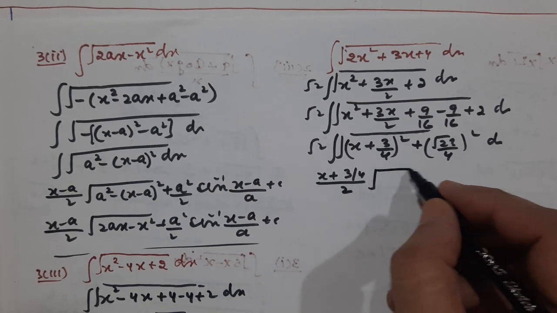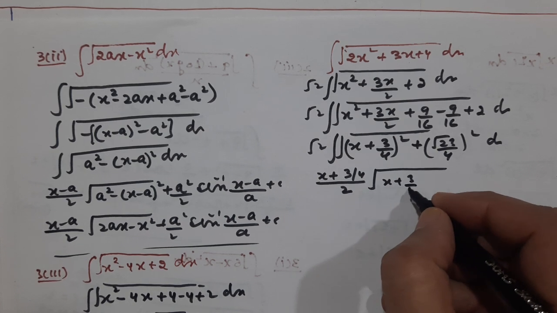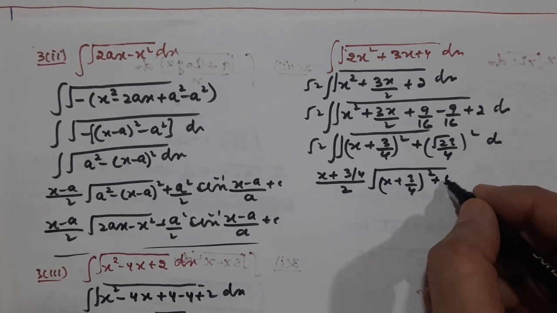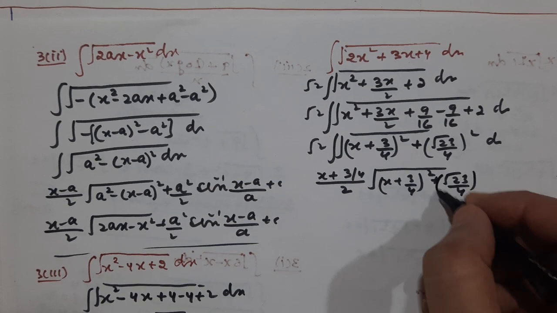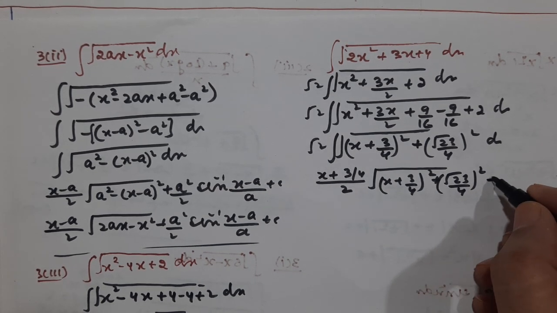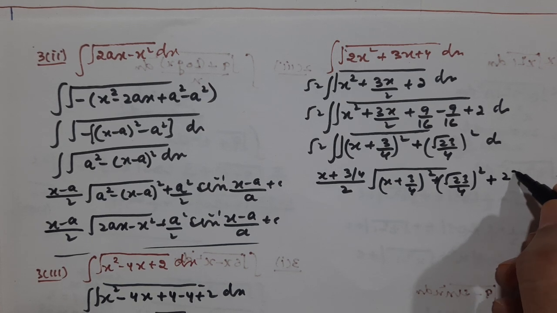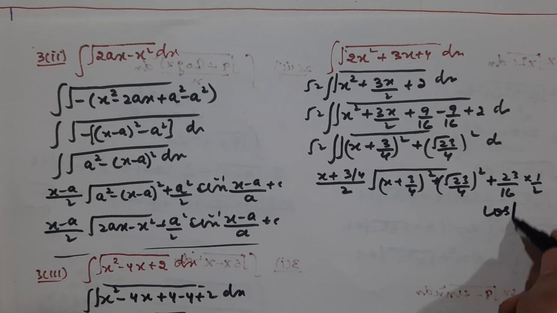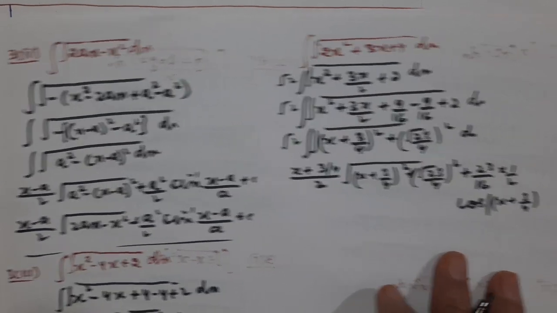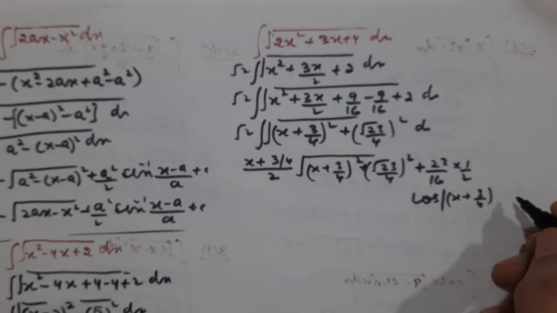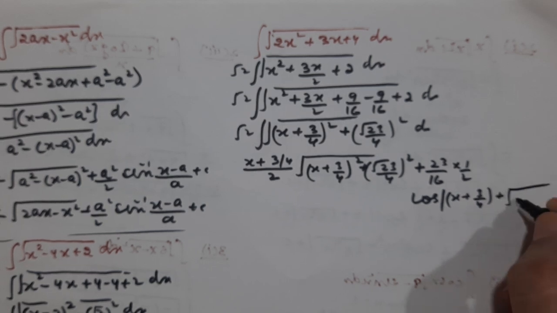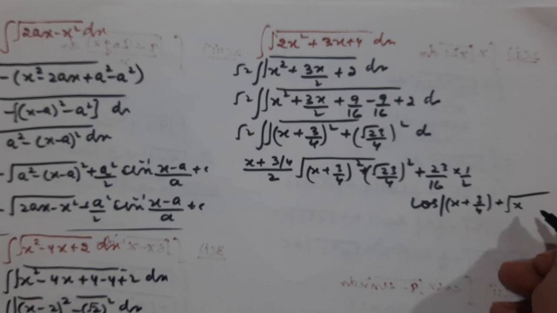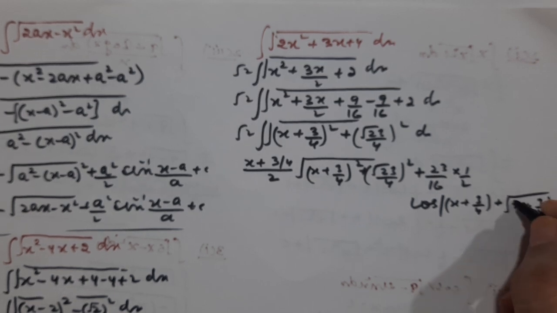under root x square plus a square, then plus a square upon 2, means 23 upon 16 into 1 by 2, and log x plus under root x square plus a square.